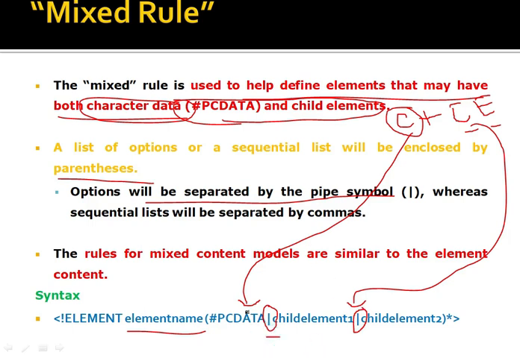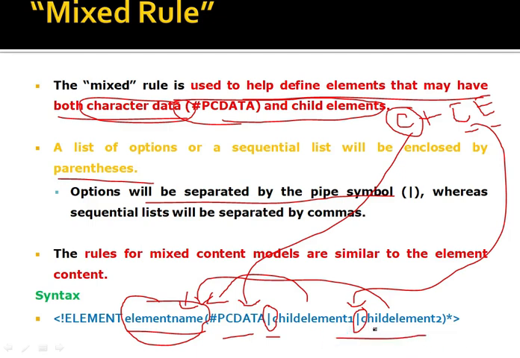What does it mean? Character data is optional: the value that you give for this element is optional. The element is also optional: the children elements of this element are also optional. Like this, you can have a mixed rule. Mixed means here you have character data and a children element. That's why it is a mixed rule.